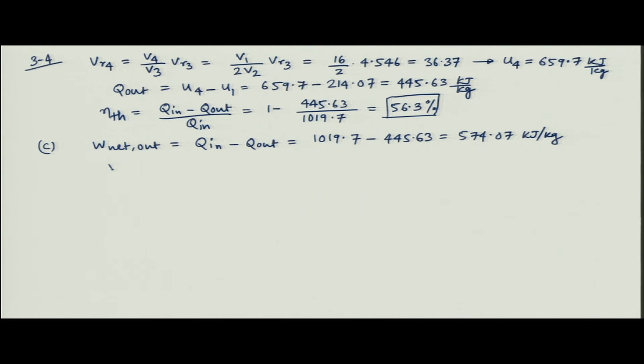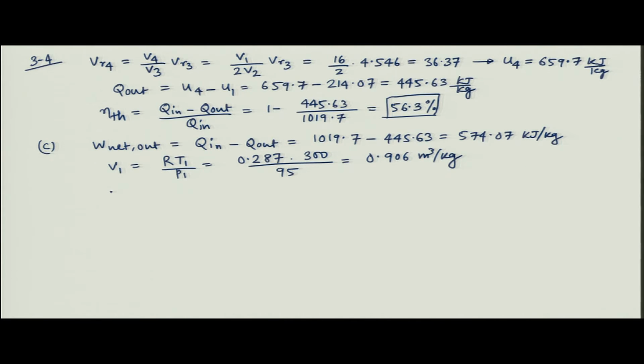We can find the specific volume at the beginning of the compression stroke, which is RT1 upon P1. So, 0.287 multiplied by T1, which is 300 Kelvin, divided by P1, which is 95 kilopascal. So, you can find V1 as 0.906 meter cube per kg. Okay. So, that is the maximum volume of the cycle.